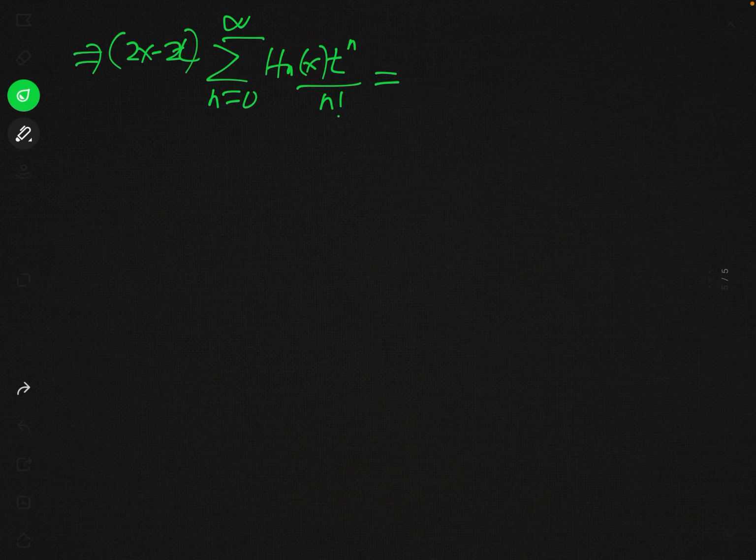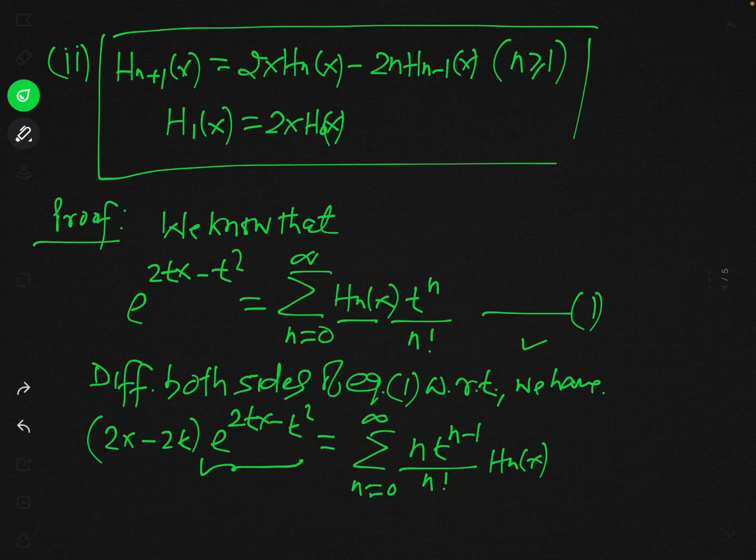And in RHS you can see if we take n equal to 0, then what will be our first term? This will be 0 times t raised to the power 0 minus 1 over 0 factorial h0 of x. This will be the first term.